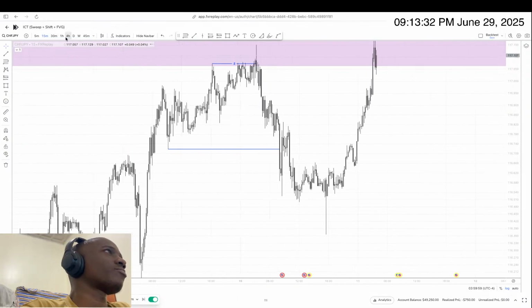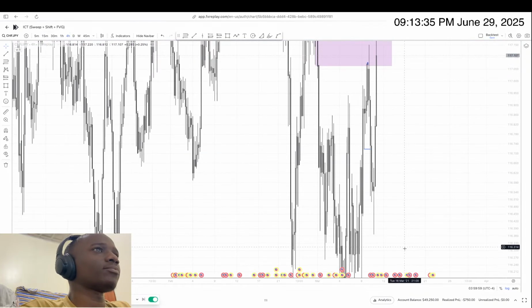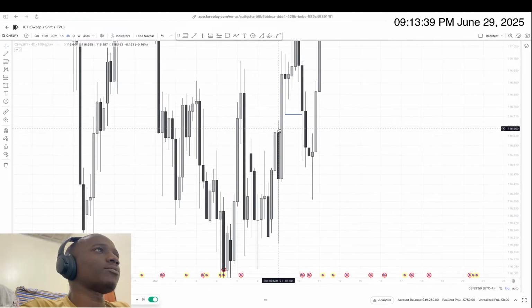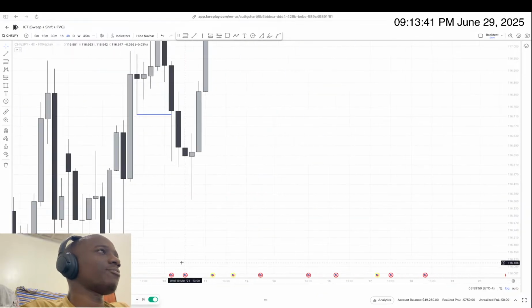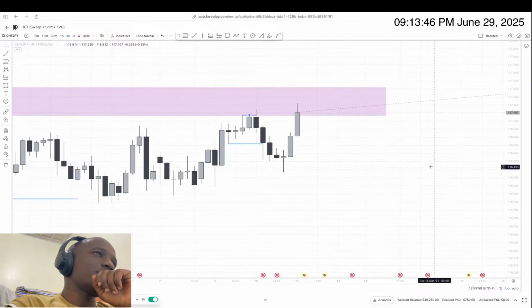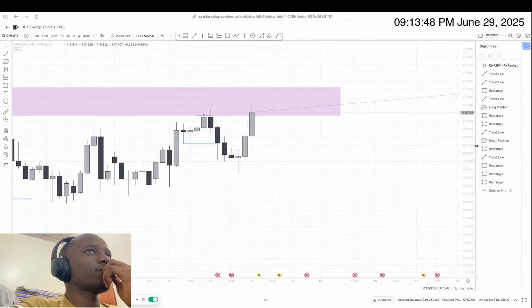So what does the 4-hour fair value gap look like? So the 4-hour order block kind of holds.